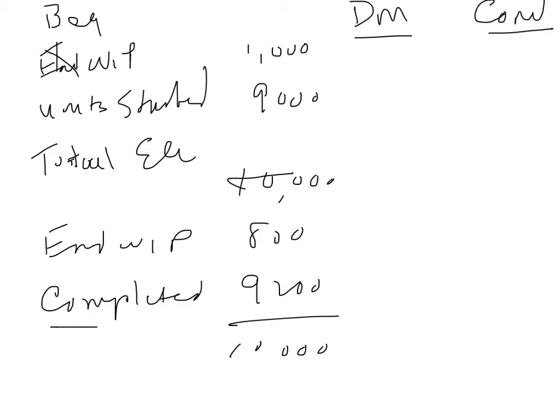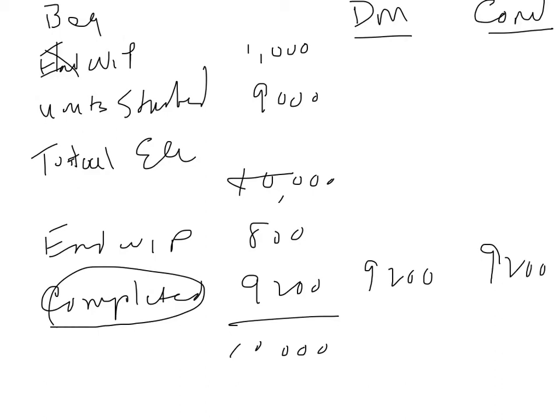Let's take our completed units here, and we know that completed units are always 100%. So our equivalent units for direct materials for these 9,200 units is going to be 9,200 units. The conversion costs are 100%. It's completed, so that's 9,200.